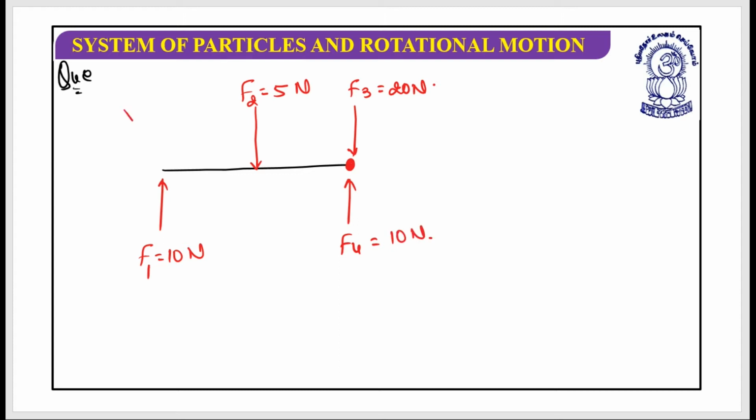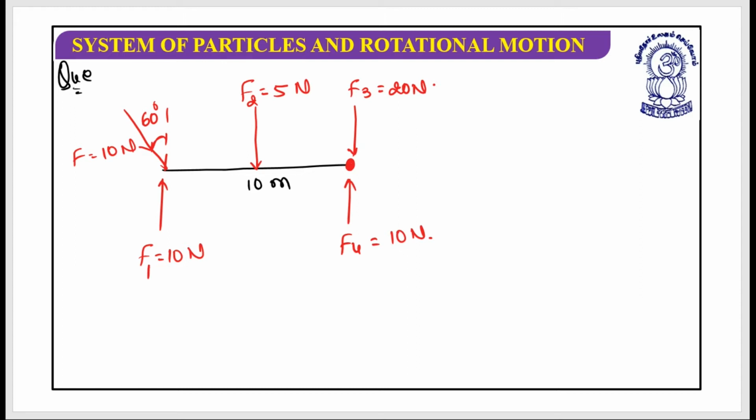One of the forces is acting like this, making an angle of 60 degrees with the vertical, and this force is of 10 Newton. Now let's talk about the distances.